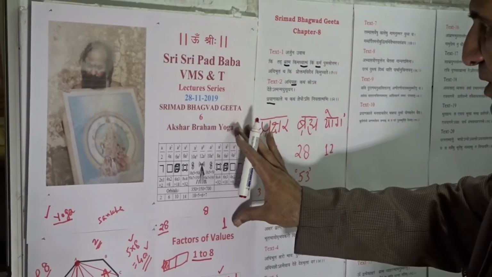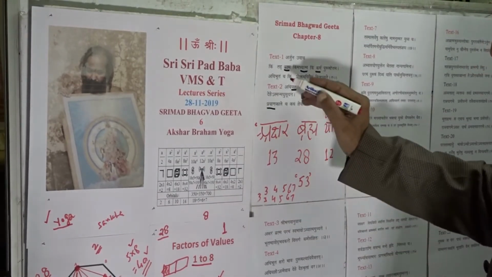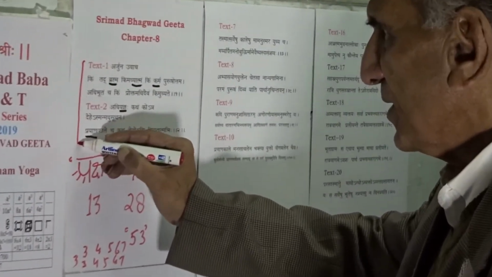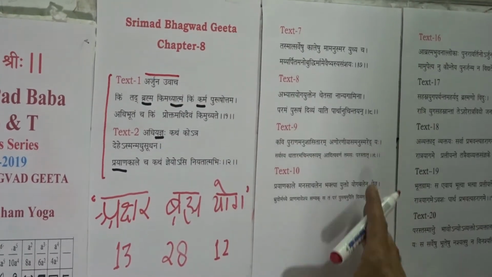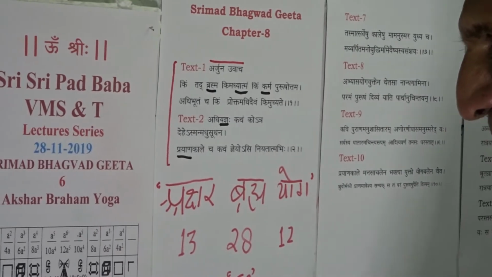Akshar Braham Yoga is a chapter in which there are first two shlokas of Arjuna and the remaining 26 shlokas are of Lord Krishna, Shri Bhagwan Uvacha.